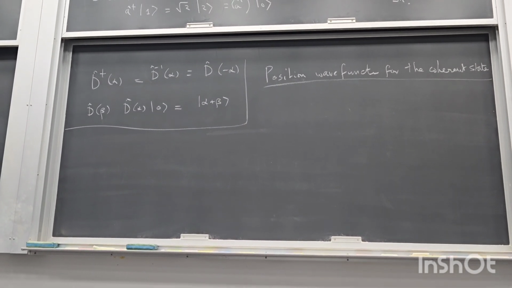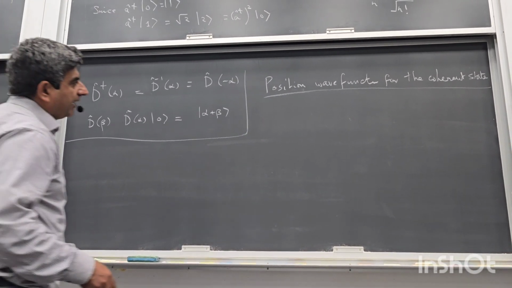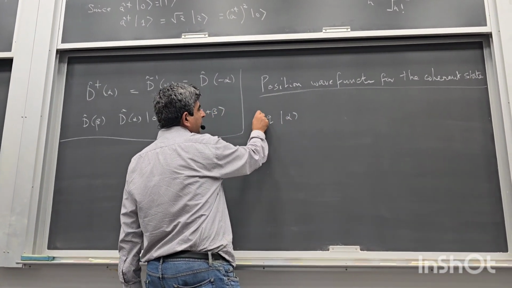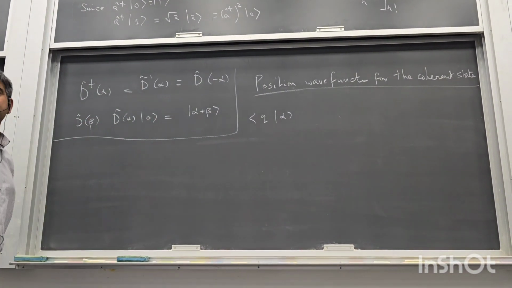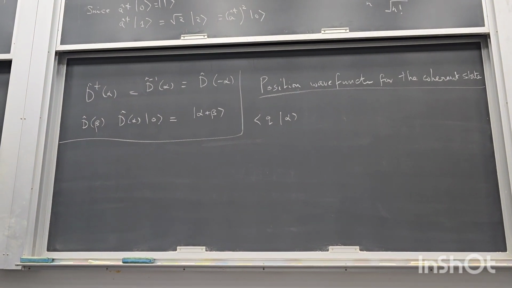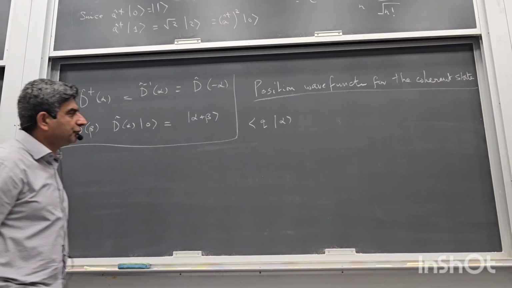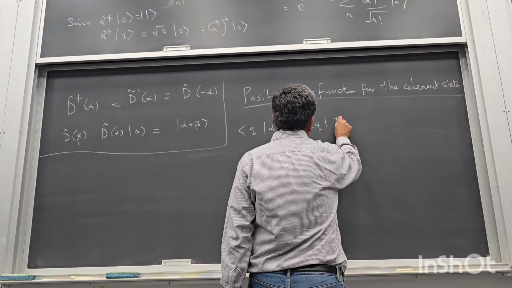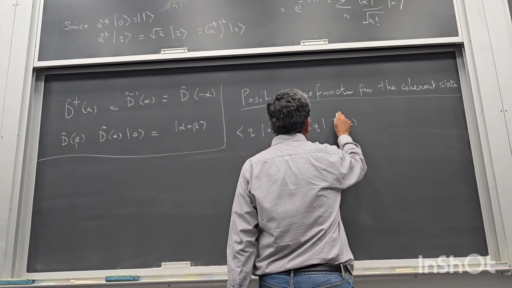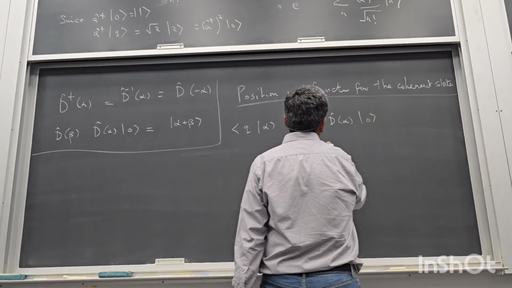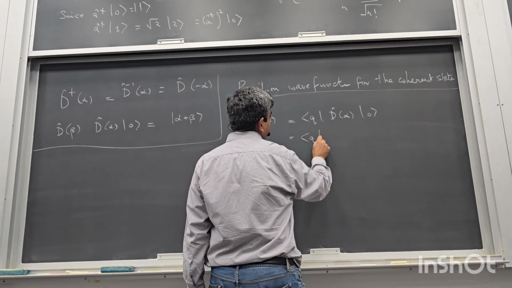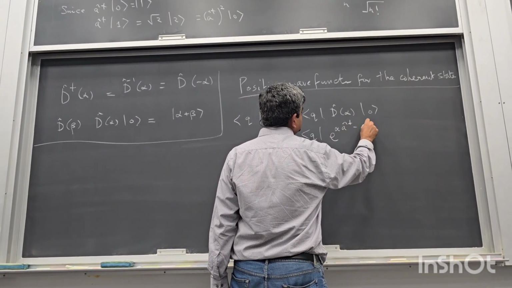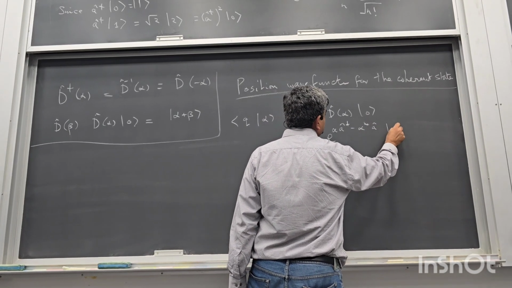So what I really need is I have my coherent state alpha and I want to write this in the position representation. So basically I would like to write <q|D(alpha)|0>, which is <q|e^(alpha a† - alpha* a)|0>.